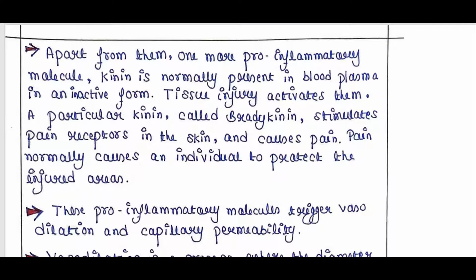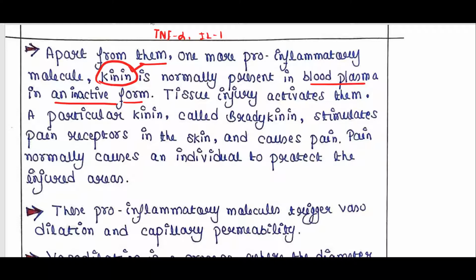Apart from TNF alpha and interleukin 1, there is one more pro-inflammatory molecule, that is kinin. It is normally present in the blood plasma in an inactivated form. When there is no infection, kinin is present in our blood plasma in an inactivated form.